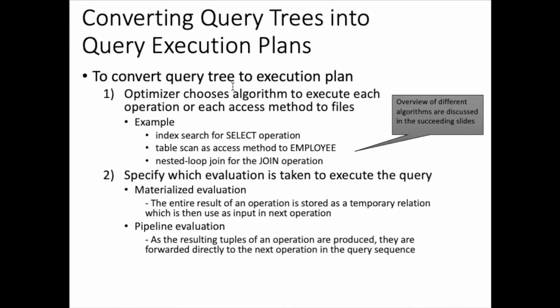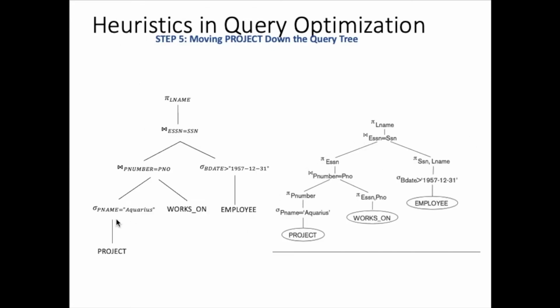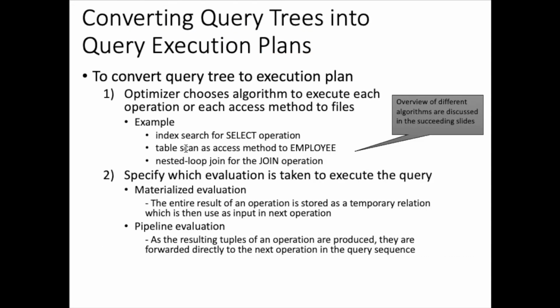So, to convert query tree to an execution plan, the query optimizer chooses an algorithm to execute each operation or each access method to files. So, for example, we know that for the query tree, meron tayong select operation, meron tayong join operation. What we'll do in the execution plan is to identify yung mga different algorithms to use for each operation.